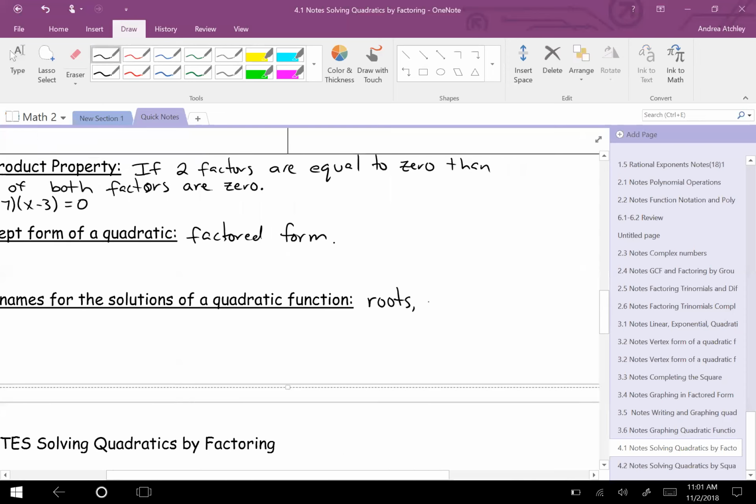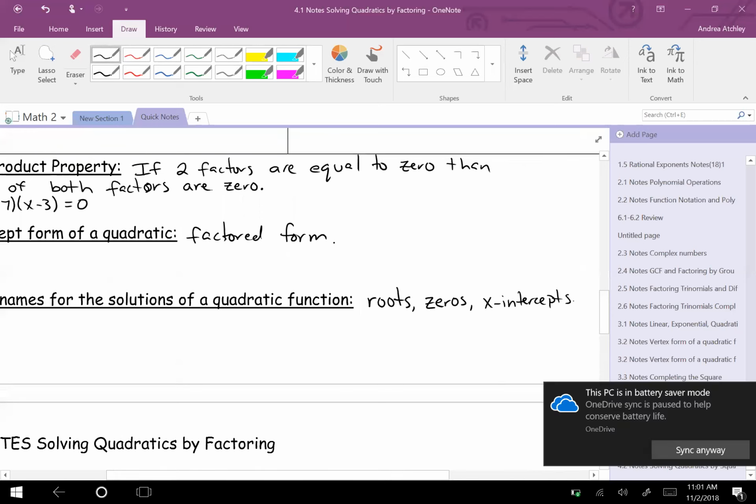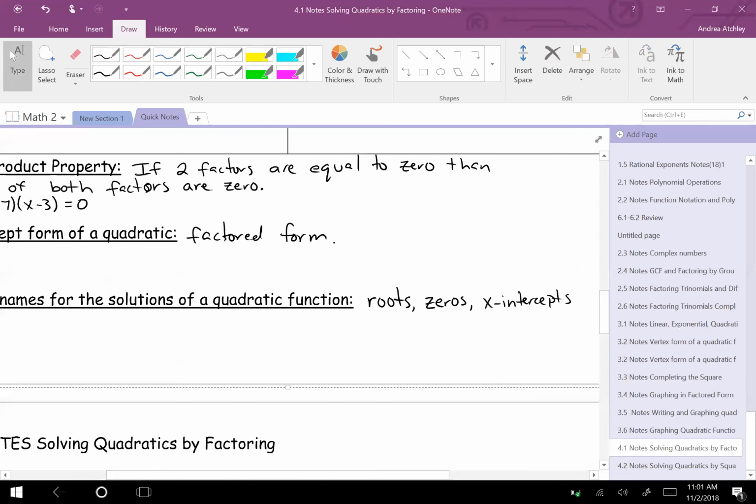They can ask you to find the zeros. They can ask you to find the x-intercepts. They can also just ask you to solve. Those are all the different words that they'll use to do the same exact thing, ask you to solve the quadratic equation. Any questions over that? We're all good?